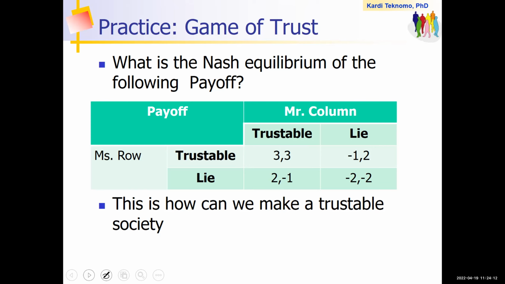So by designing the payoff matrix, what is the meaning of payoff matrix here? This is the reward and punishment, isn't it? So by designing the reward and punishment for each action, you actually can create a better society.